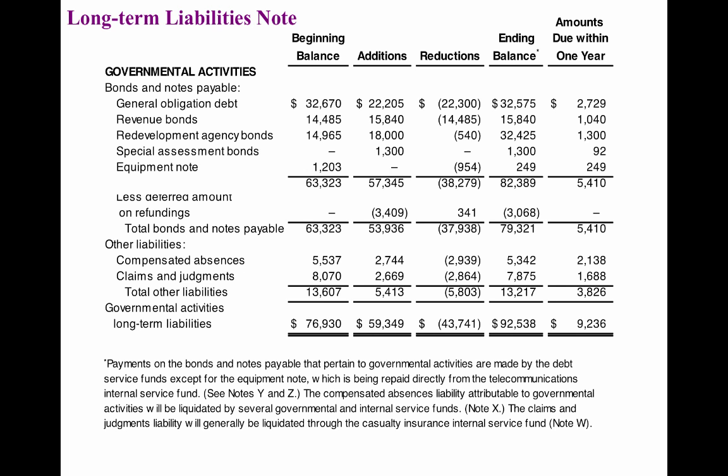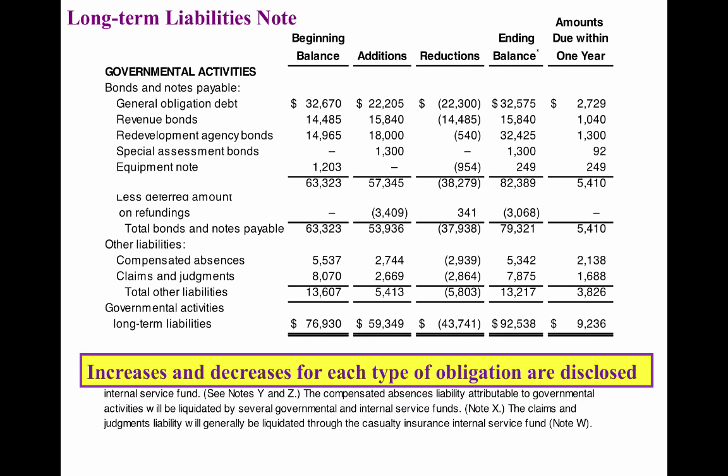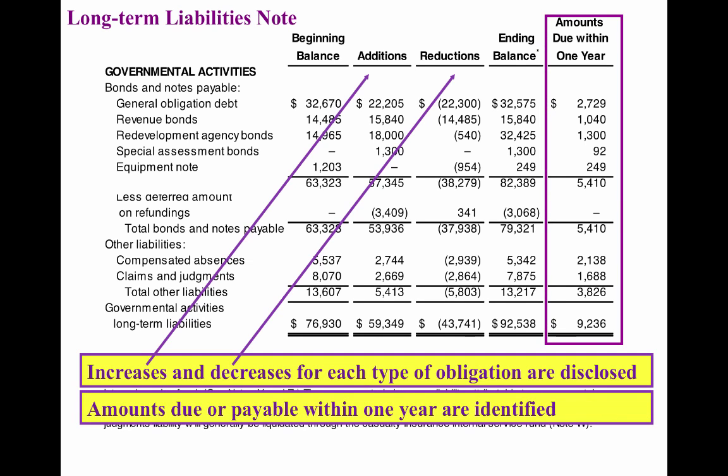Like the capital assets note, you see what the beginning balance was, which in a lot of cases is what the ending balance was for the previous year, new liabilities incurred during the year, satisfaction or repayment of liabilities to arrive at the ending balance, which should tie to the statement of net position, and the portion of that ending balance that is due within 1 year, which should tie to the current portion of the long-term liabilities that is reported in the statement of net position.